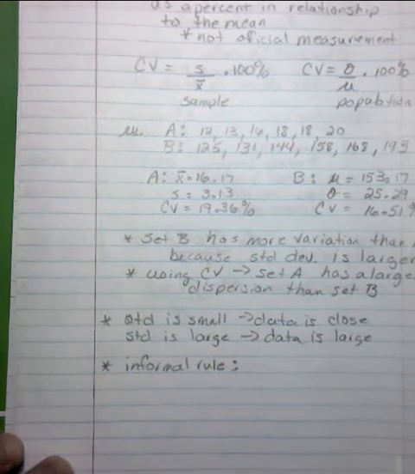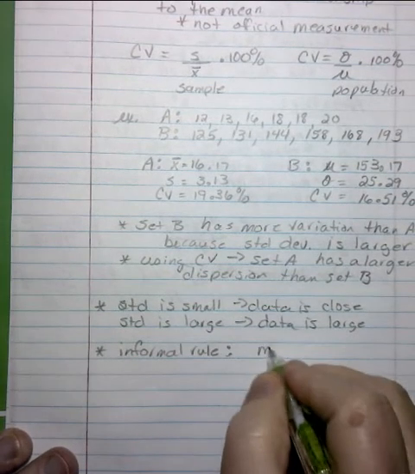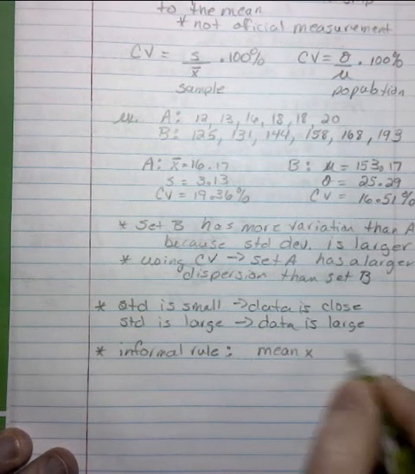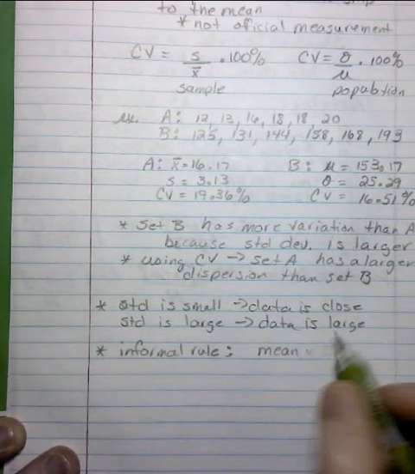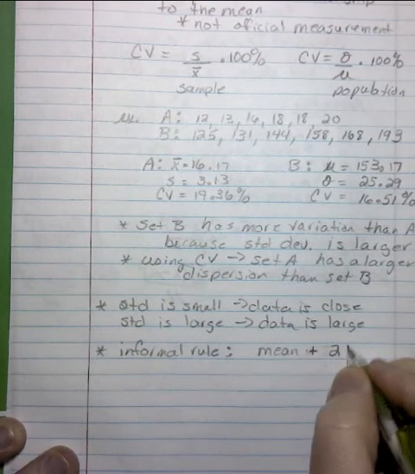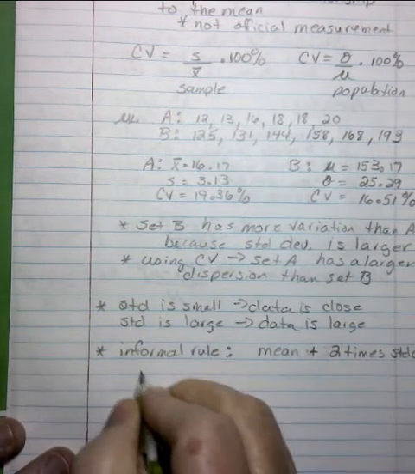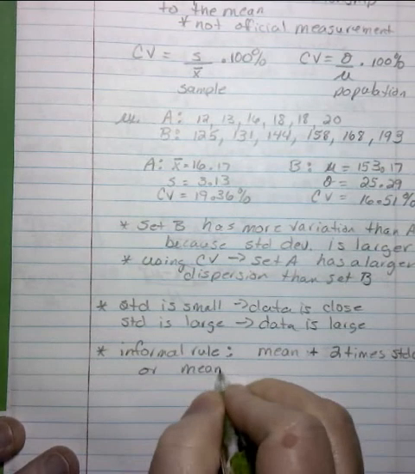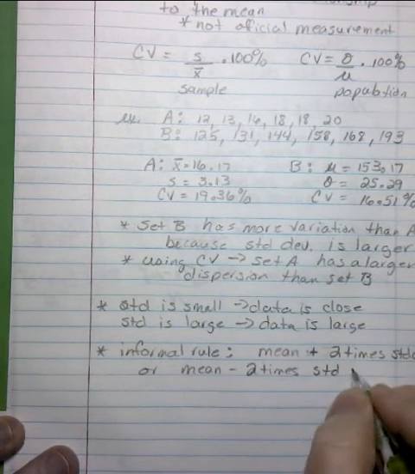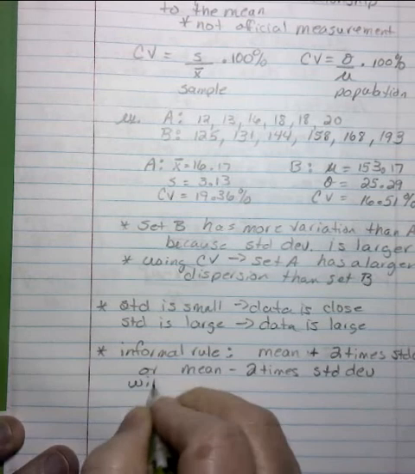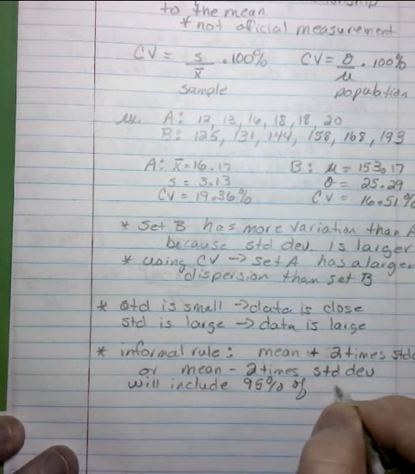We're going to look at this more in our next lesson, but for now, if you take the mean plus 2 times the standard deviation, or the mean minus 2 times the standard deviation, you will include 95% of all your data.